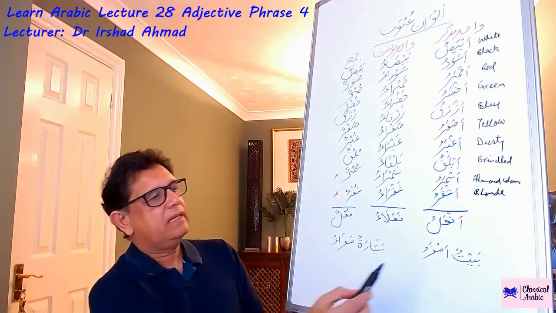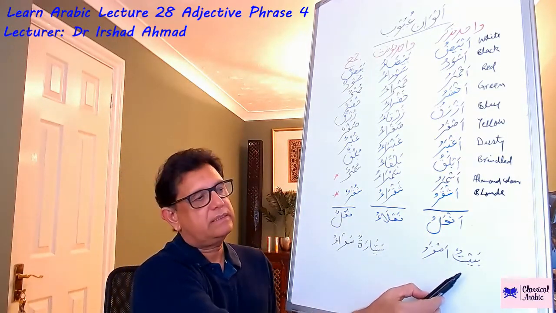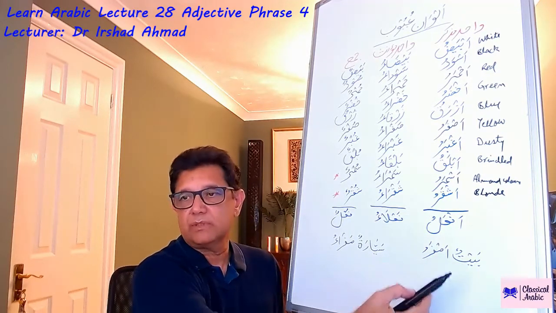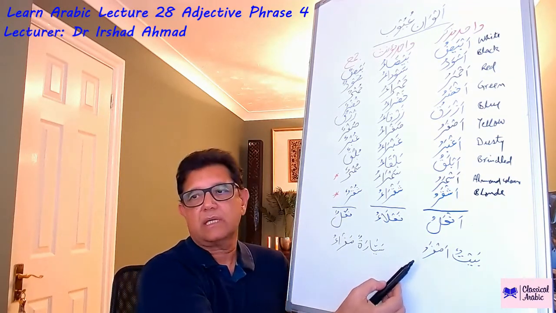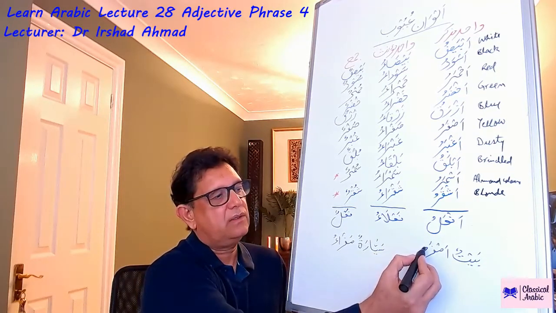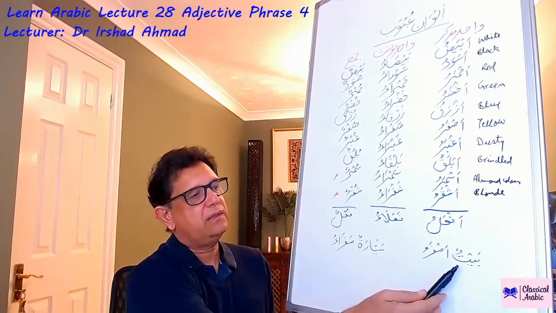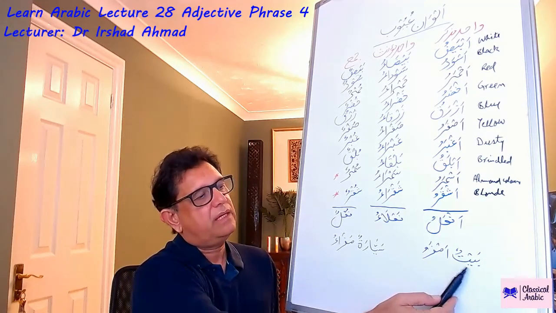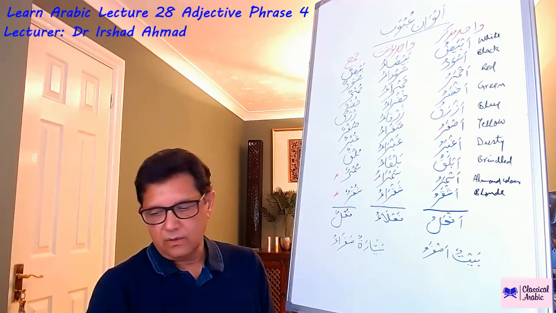Also make a note that baytun is with tanween here, which means it's munsarif, and asfaru is ghairu munsarif, so it takes only one dhamma. So baytun asfaru, both are marfu. Baytun asfaru, a yellow house.